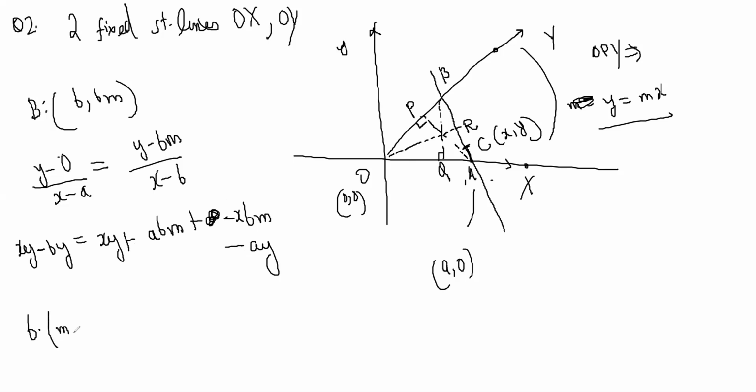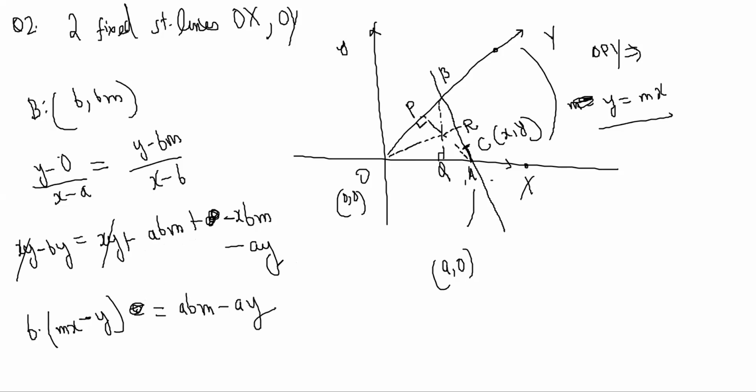We can cancel xy from both the sides. And then if you group those bm terms together, group b: (mx minus y) is equal to abm minus ay, right?